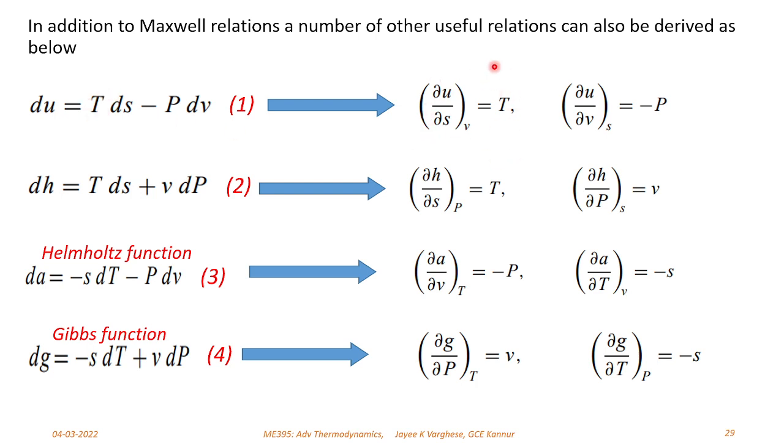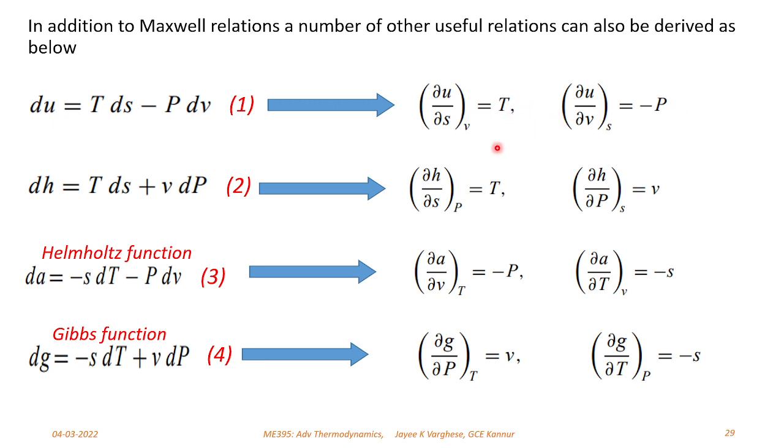This relation is made use of there. Similarly, we can take the other combination, ∂U/∂V at a constant entropy. At a constant entropy, TdS will become 0, isentropic process. So ∂U/∂V at a constant entropy is equal to minus P.